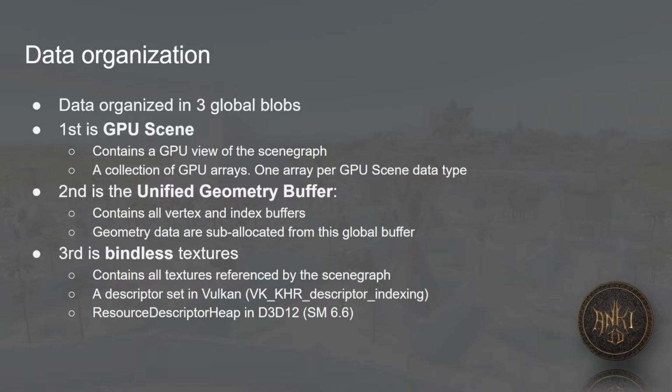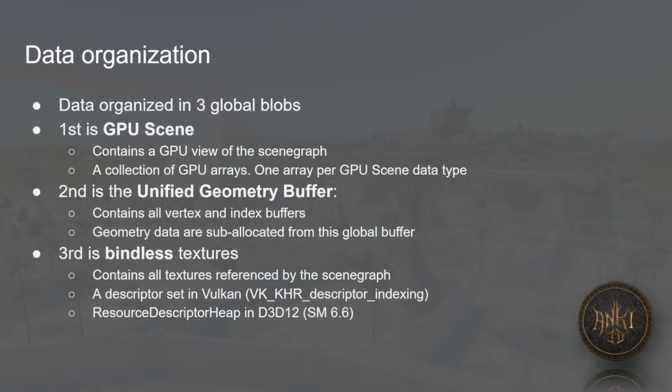Data are organized into three global data blobs. The first is the GPU scene itself. This one contains a GPU view of the scene graph, as we mentioned before. And this is a collection of arrays, one array per GPU scene data type. The second blob is the unified geometry buffer. This is a large buffer that contains all index and vertex buffers of all the meshes loaded in our scene. All geometry data are actually suballocated from this big global buffer.